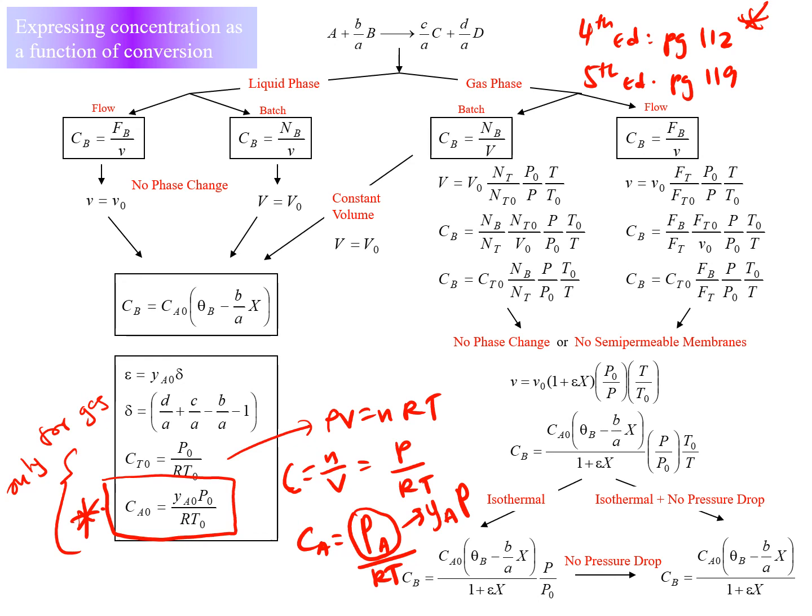And for batch, there are no changes in the volume. But if you can see, flow is in terms of FB over V, and this one is NB over V, actually this should be capital V. And this is how you get the concentration. You can look back at it. And this one is gas phase; we also have batch for constant volume.